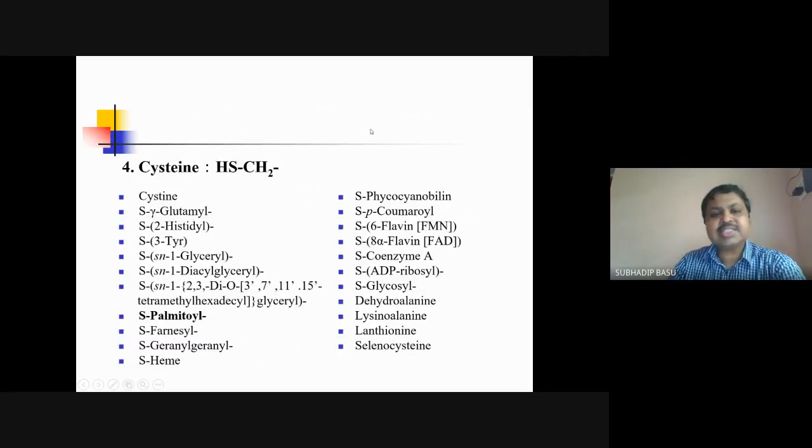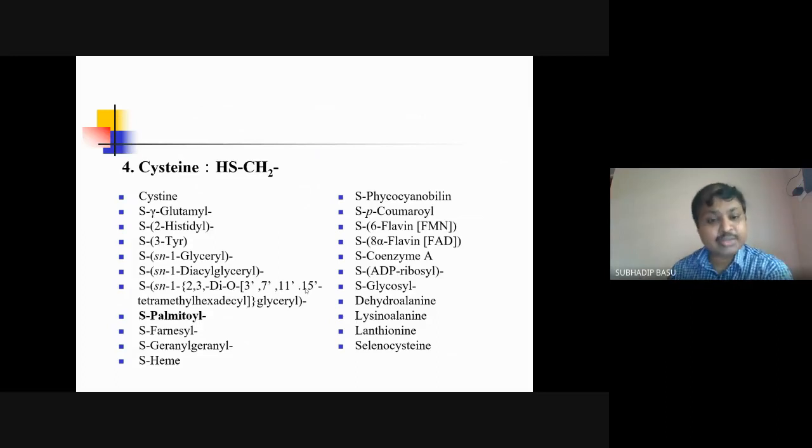modifications. Then again, cysteine. Cysteine is a very interesting residue, and in cysteine you have many different types of modifications. For example, S-palmitoylation is also a very well studied post-translational modification, which takes place in neuroproteins again for different types of diseases like stress-related disorders, Alzheimer's disease and neurodegenerative disorders in a generic term.